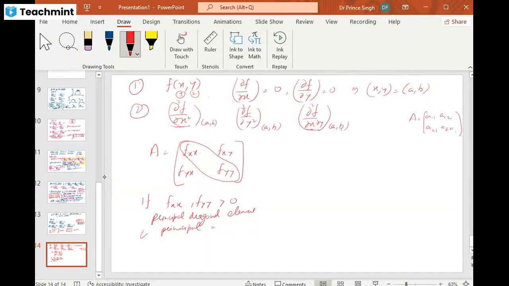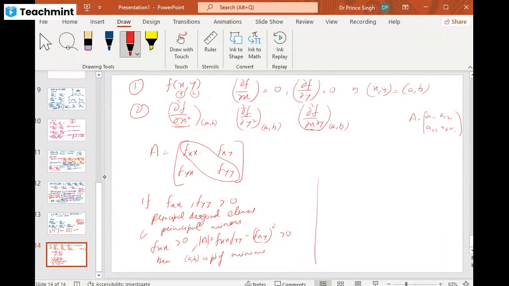So what are the principal minors? fxx, and fxx fyy minus f of xy whole square, meaning the determinant of A. If it is positive, then AB is the point of minima, right?